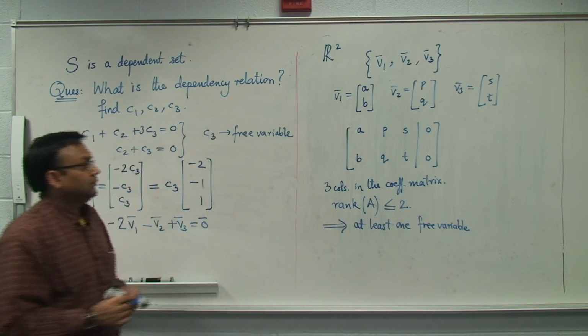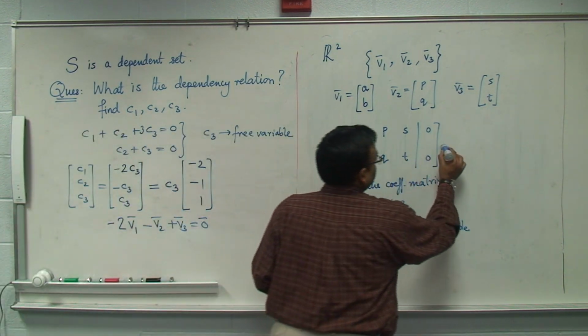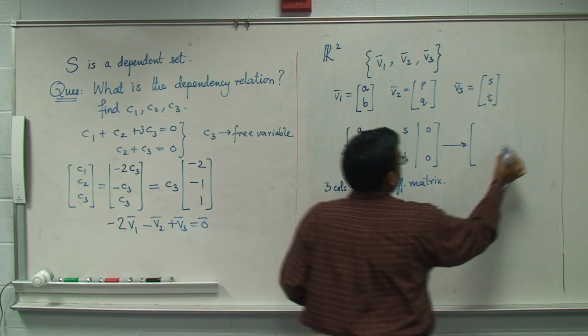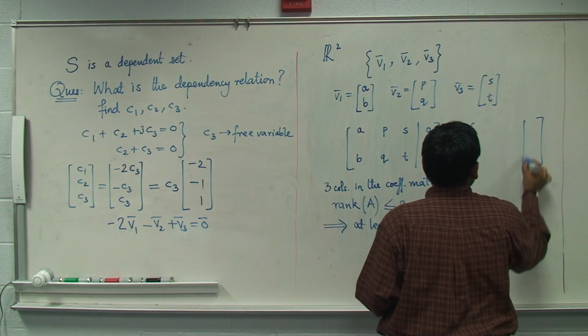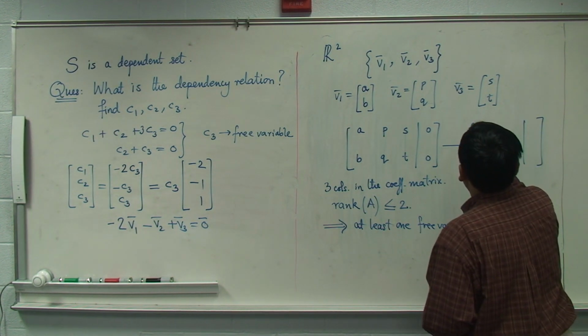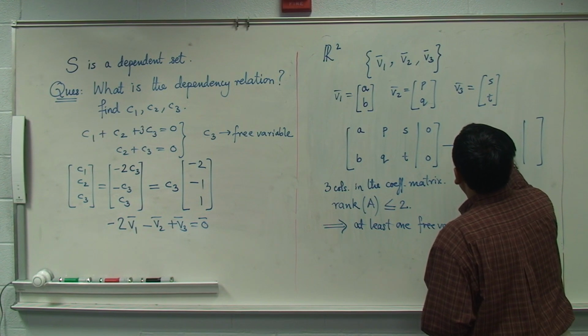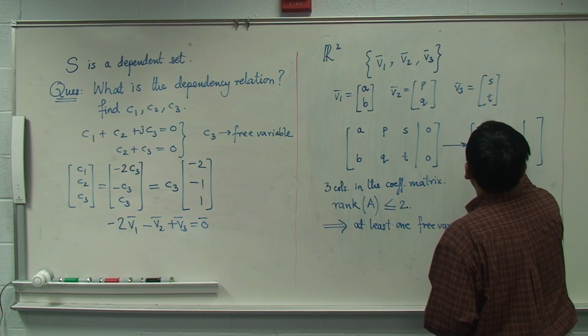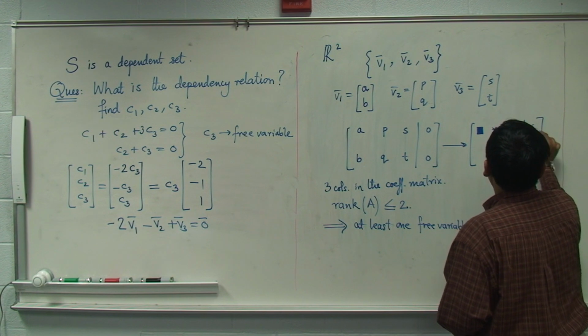Just to be clear about how we are achieving this, after row reduction, depending on what these things were, I claim that either you will have a matrix of this form, where you have a non-zero entry over here, doesn't matter what these entries are.